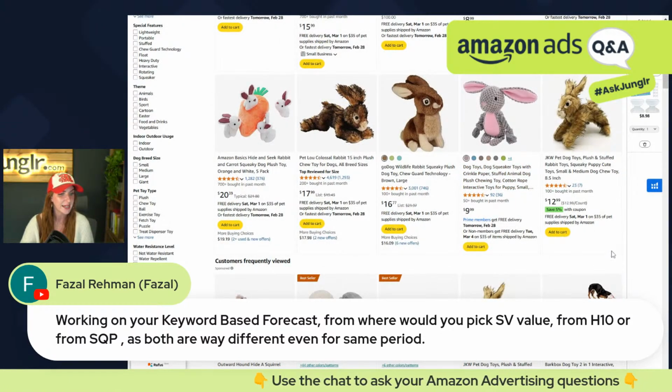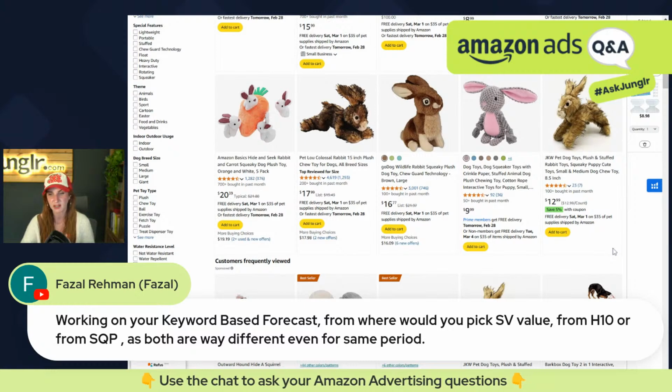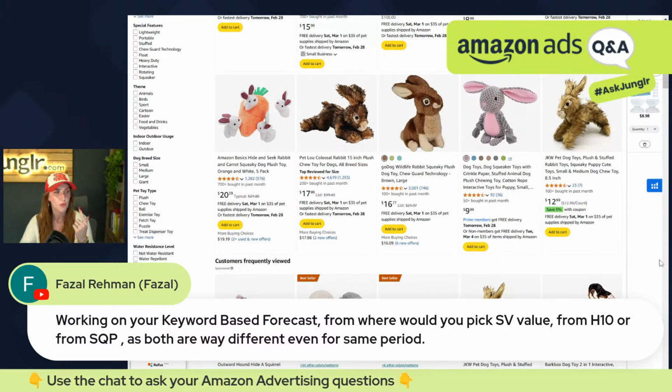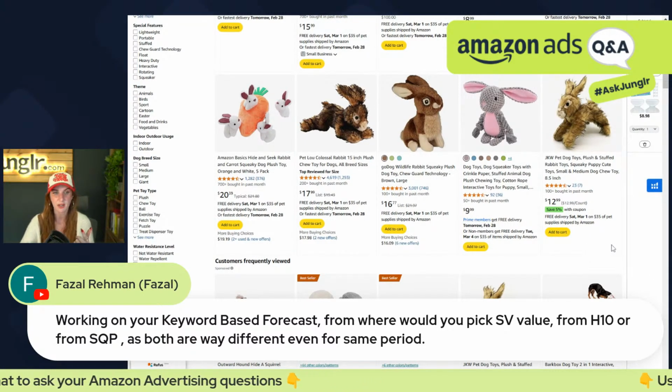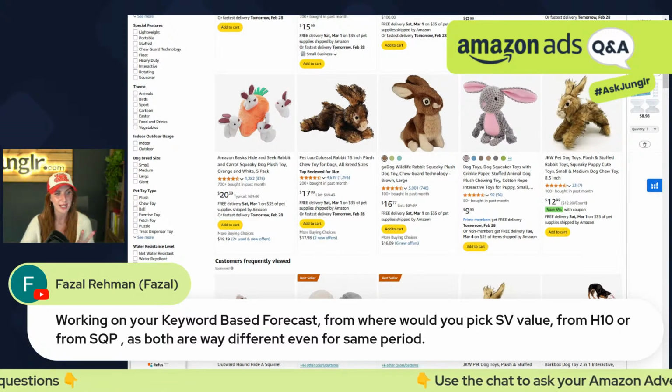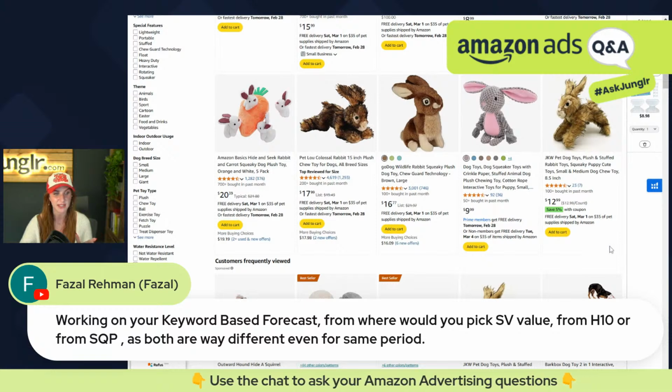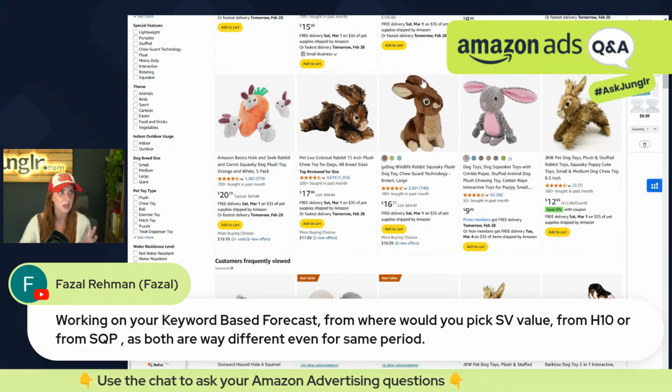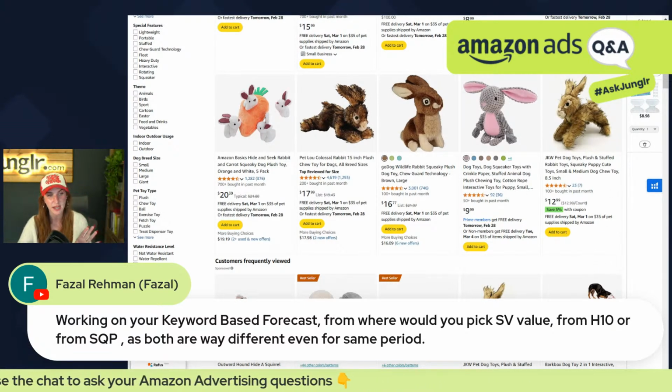So for me, it's how well do I expect the product to convert? Where does my product fit in the market? Where do I have a competitive advantage? Where can I make the most impact in terms of sales and ranking as fast as possible? So typically our strategy, not always, it does depend on the client, right?